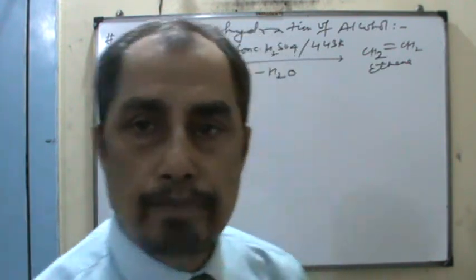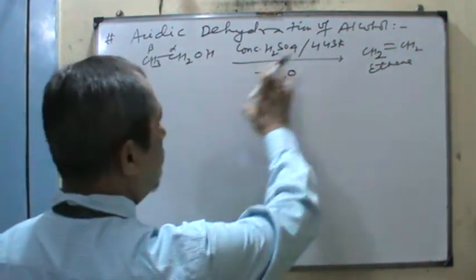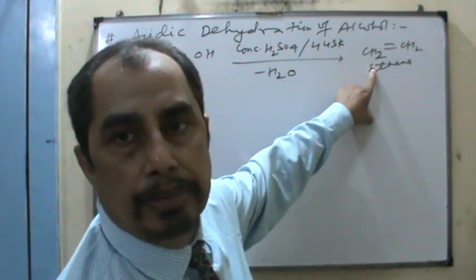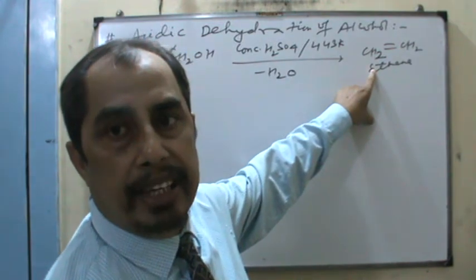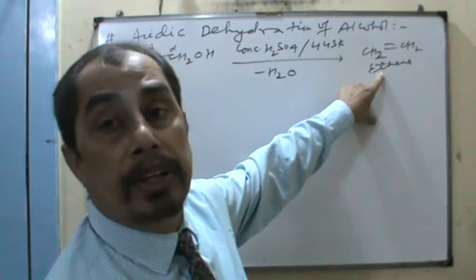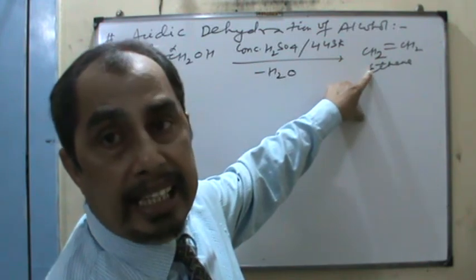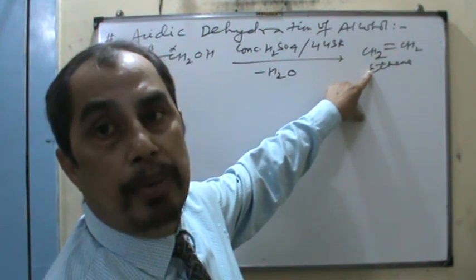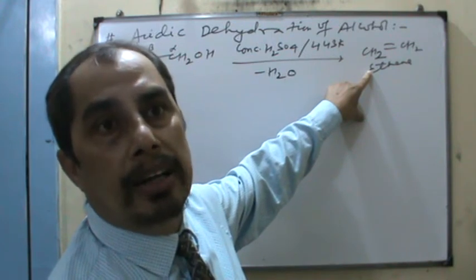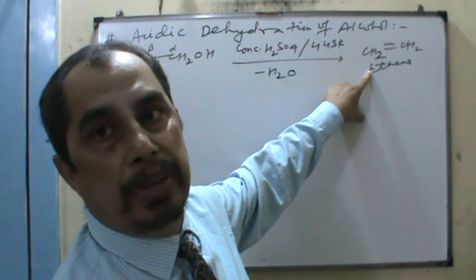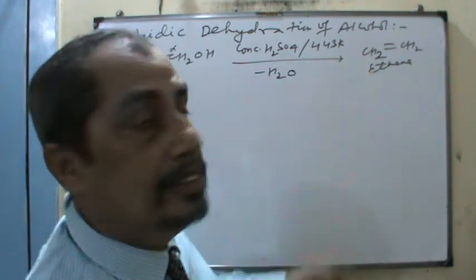But once you take 413 Kelvin, ethers are formed. So temperature plays a significant role in forming the products. At 443 Kelvin, alkenes are obtained. But once I have written 413, ethanol undergoes dehydration to form diethyl ether. So temperature plays a very significant role here.